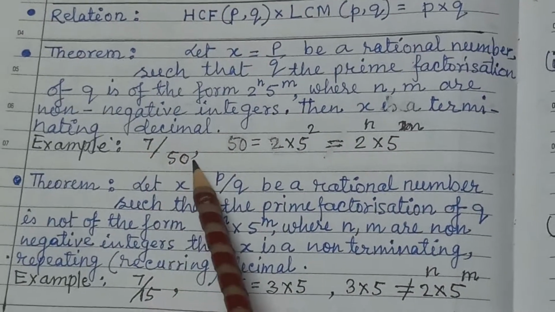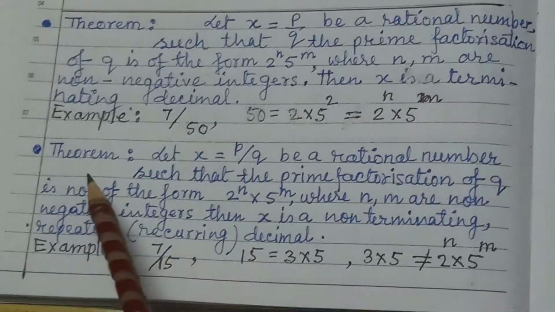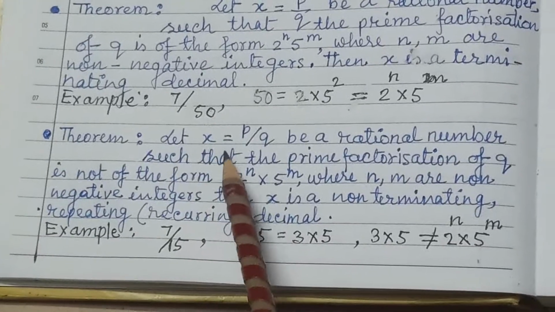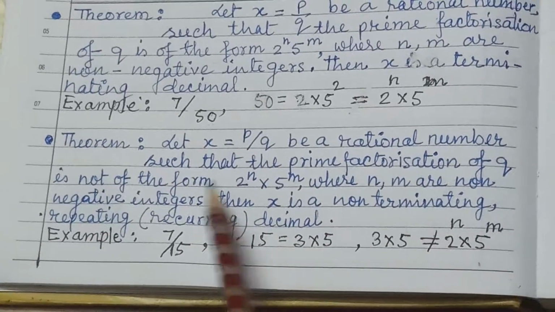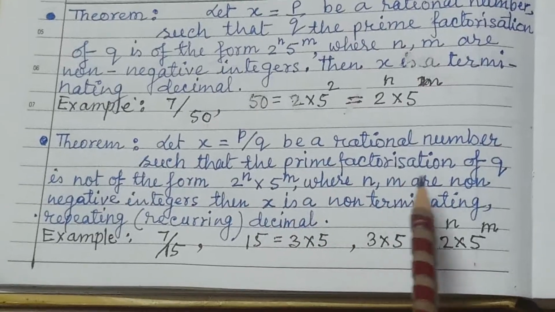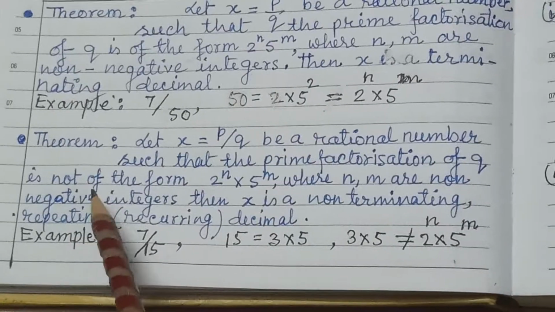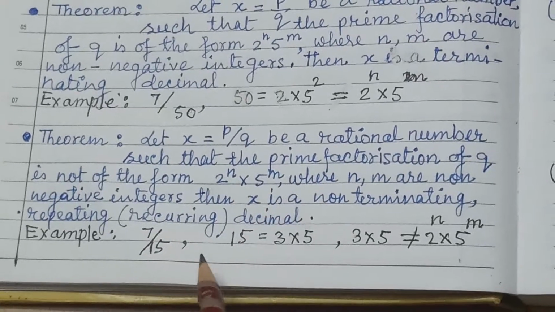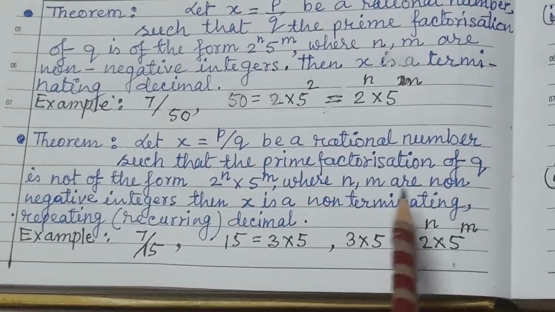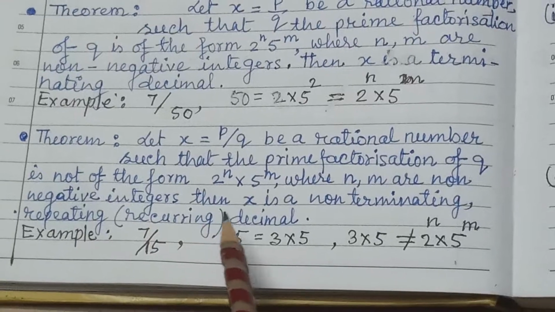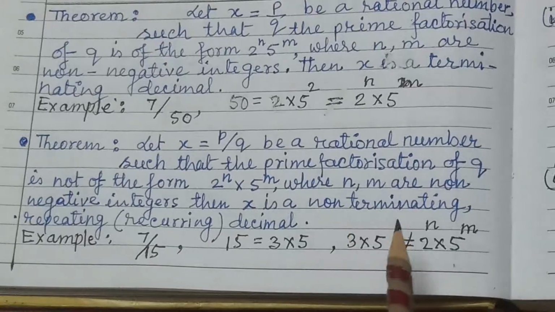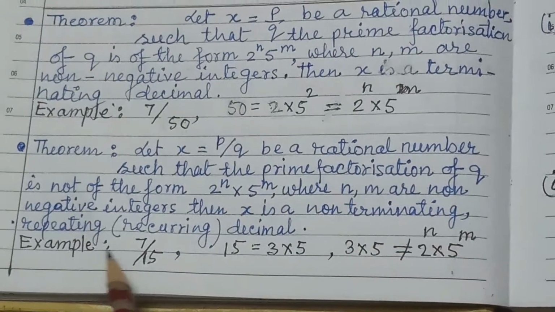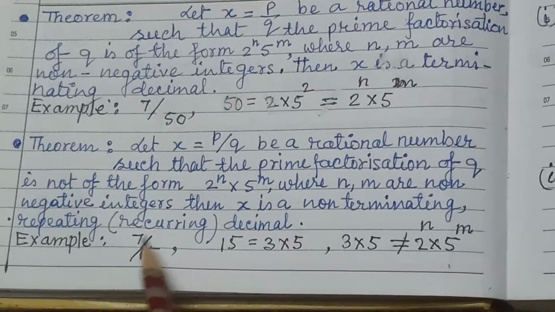This one is a terminating decimal. The next theorem is, let X is equal to P upon Q be a rational number such that the prime factorization of Q is not of the form 2 to the power n and 5 to the power m, where n and m are non-negative integers. Then X is a non-terminating repeating decimal, or recurring decimal.